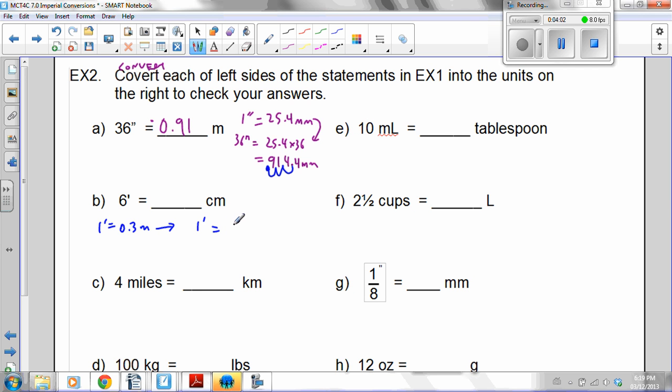That's no problem. 1 foot is 30 centimeters. That's like a regular ruler size. And then to change it to 6 feet, I'm going to multiply that by 6. 30 times 6, 180 centimeters. And that seems reasonable because 6 feet is the height of a fairly tall man. 180 centimeters, that sounds fine as well.